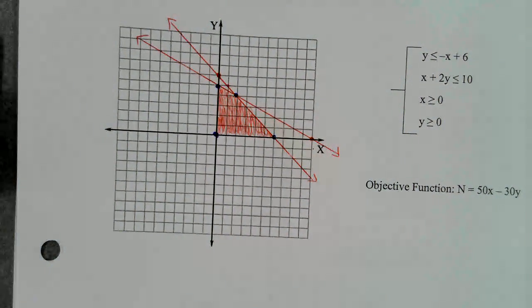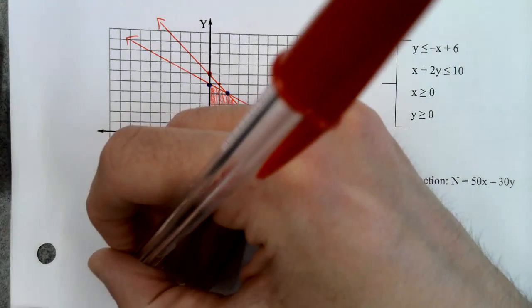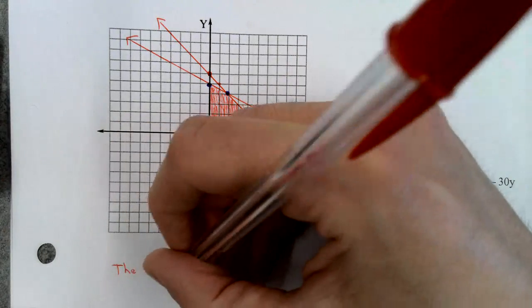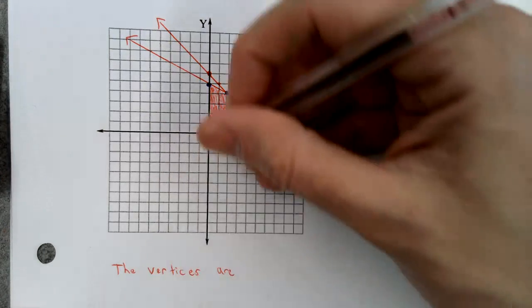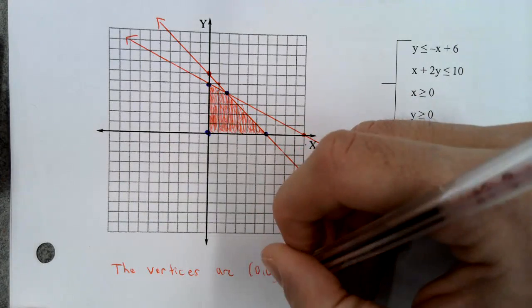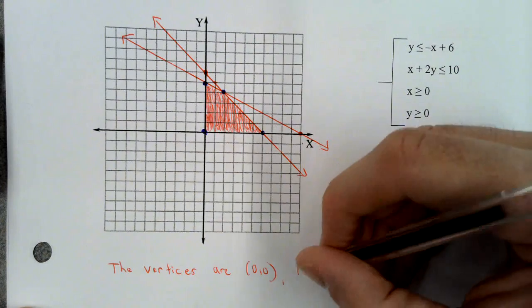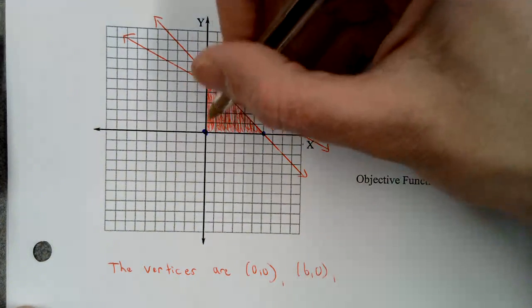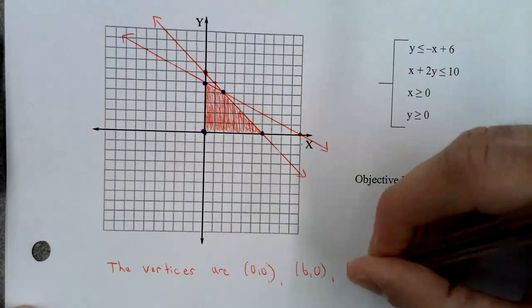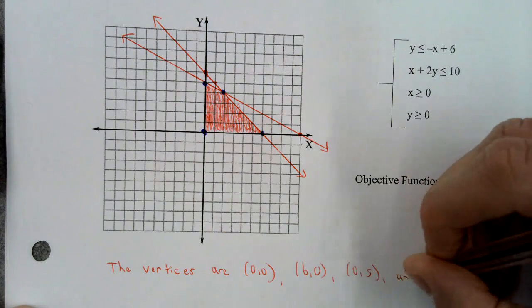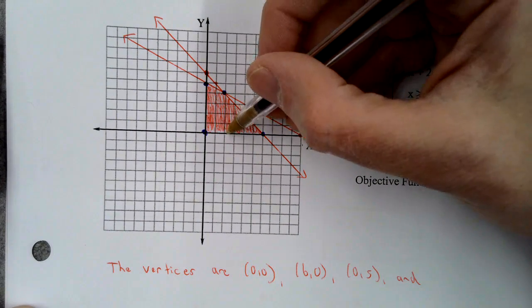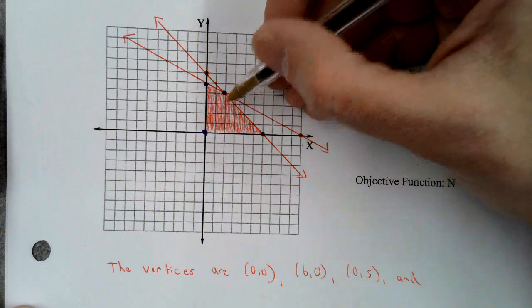Let's state them. 0, 0, 6, 0, 0, 5, we said. And then the last one was 2, 4.